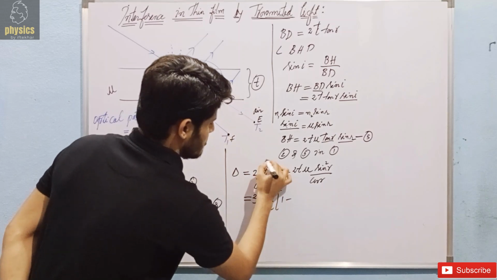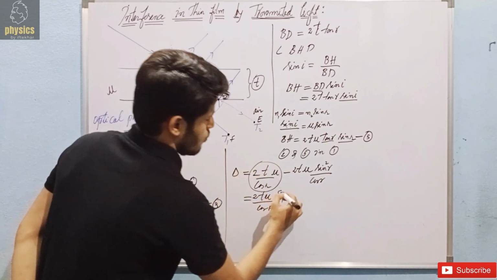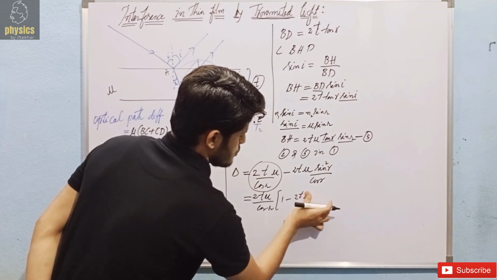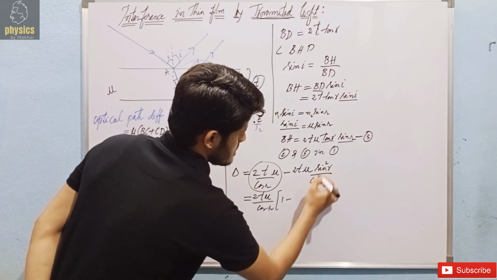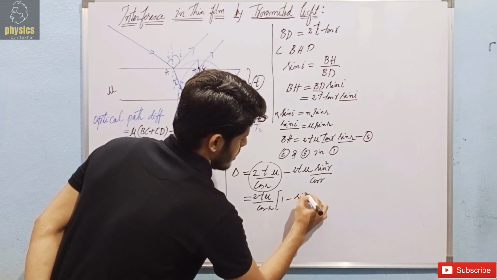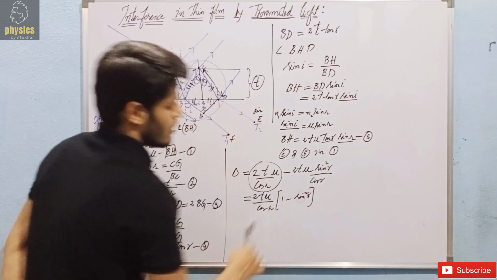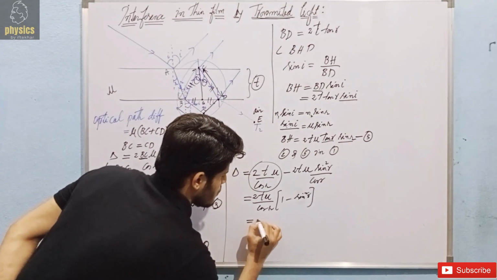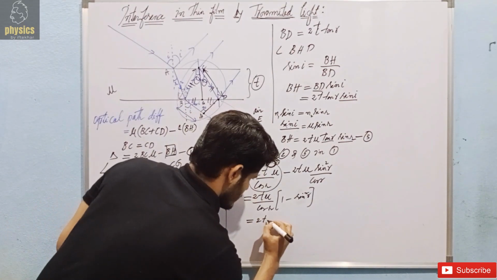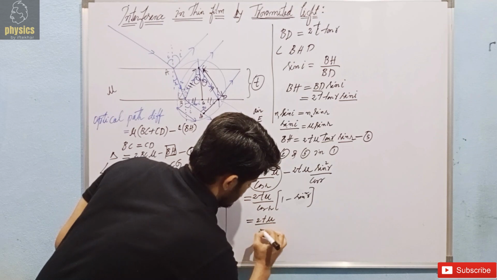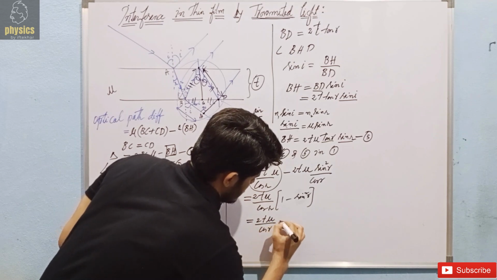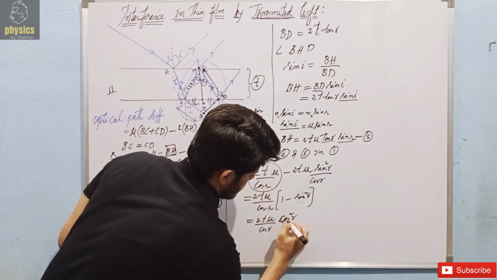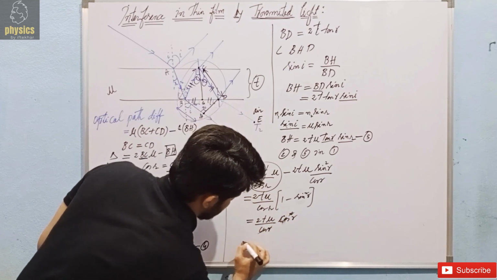1 minus, there will be nothing after taking common, 1 will be there, 2T is gone. What remains is sin square R. So 1 minus sin square R can be written as cos square R. So 2T mu cos square R, and one cos R will get cancelled.